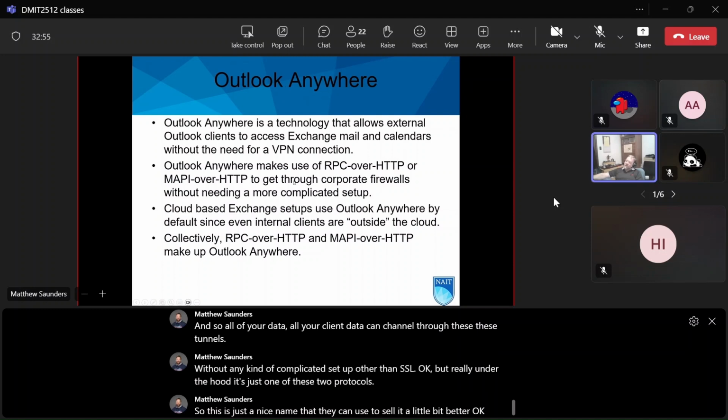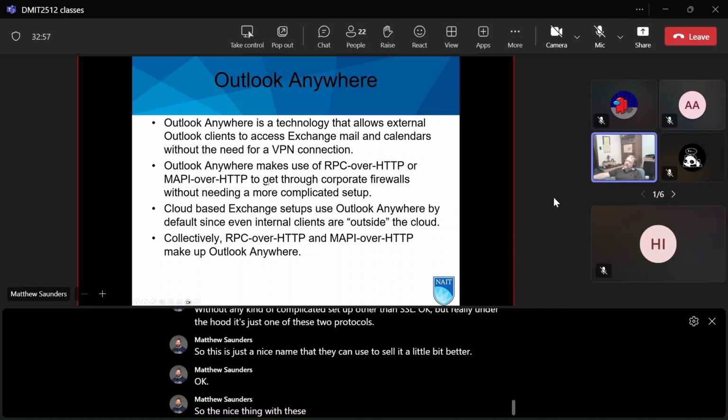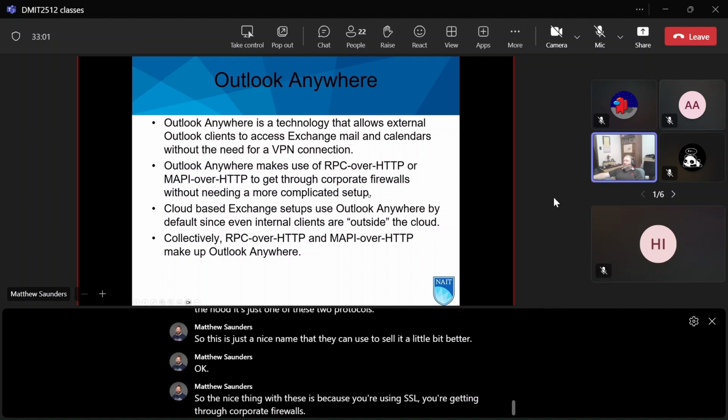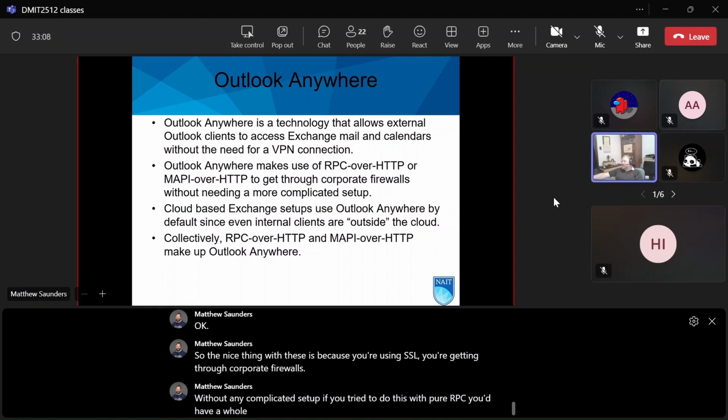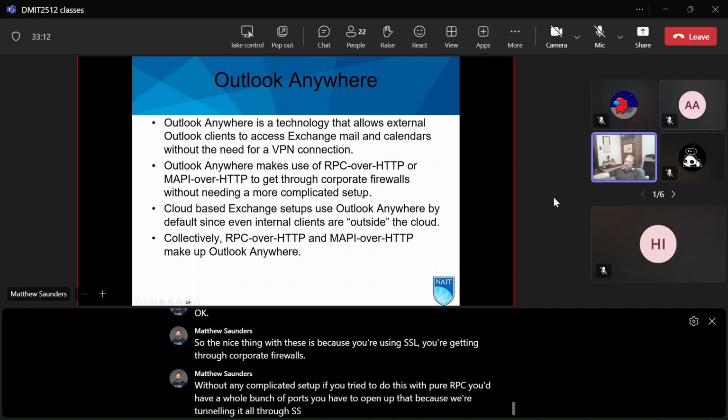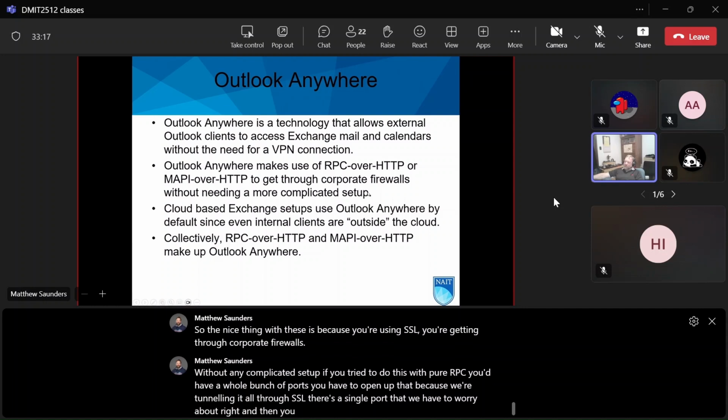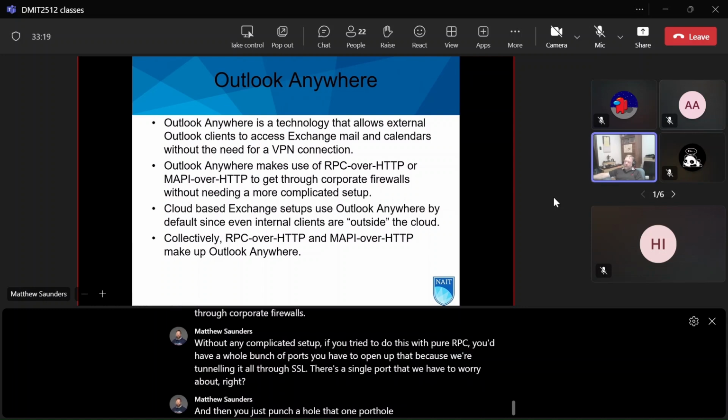The nice thing is that because you're using SSL, you get through corporate firewalls without any complicated setup. If you tried to do this with pure RPC, you'd have a whole bunch of ports to open up. But because we're tunneling it all through SSL, there's a single port to worry about, so you just punch that one hole and everything works.